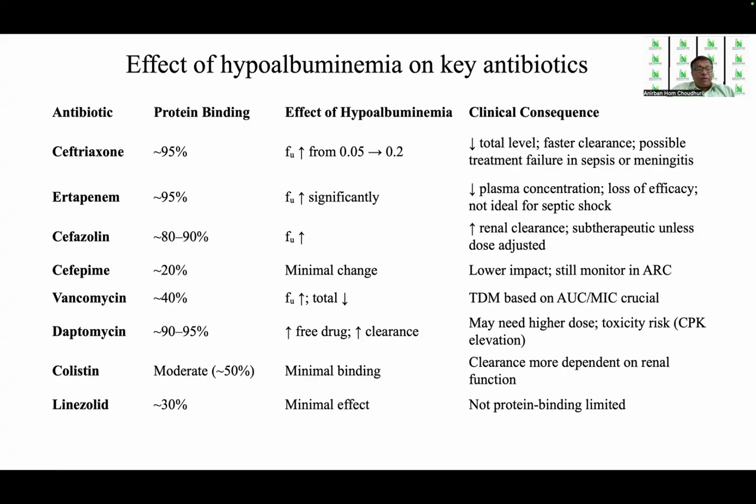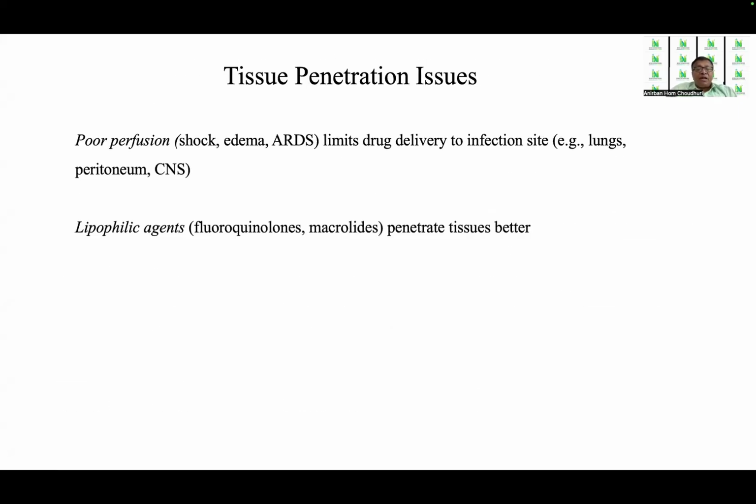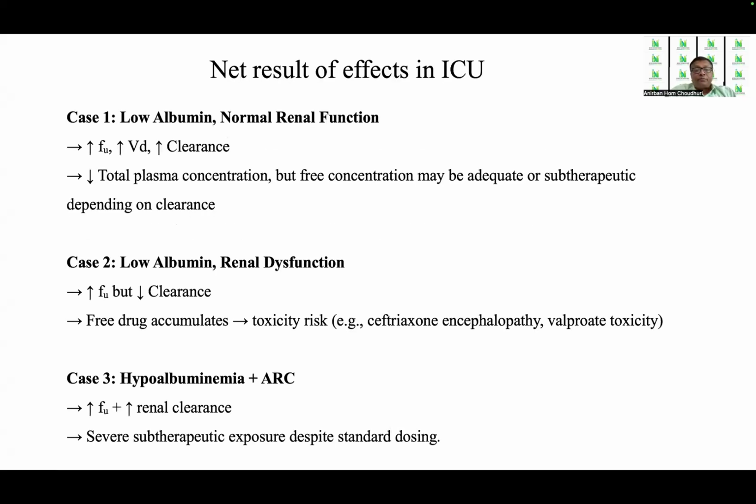Likewise, with cefepime, vancomycin, daptomycin, colistin, linezolid, there are variations in their consequences based upon the albumin level. Next are the tissue penetration issues. Poor perfusion limits drug delivery to the infection site, and lipophilic agents penetrate tissues better, while those which are hydrophilic penetrate poorly.